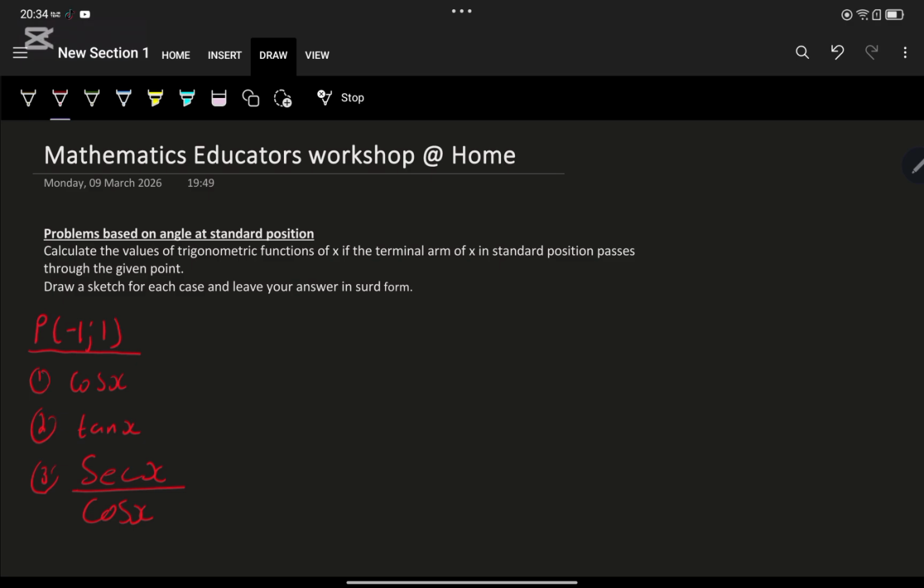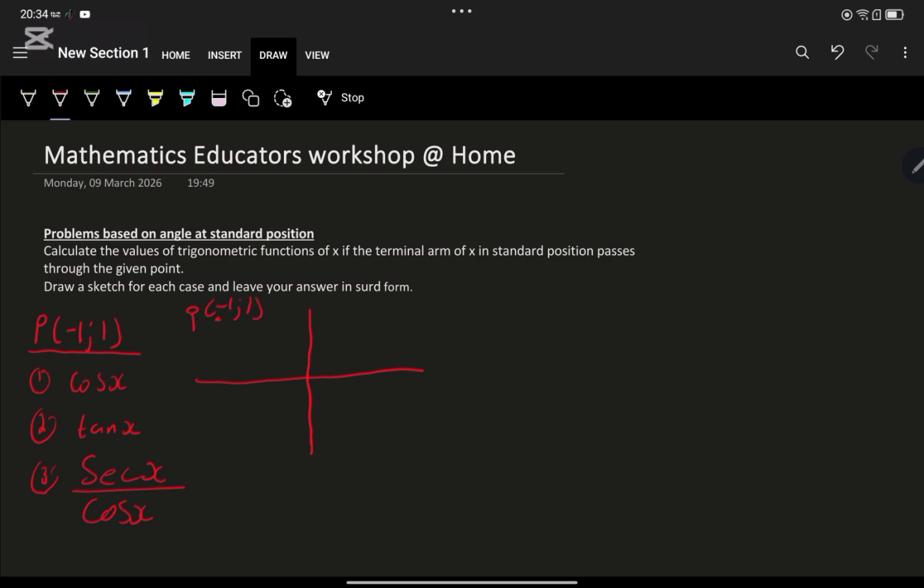What we are going to do in this case, we first plot the point on the Cartesian plane and draw the terminal arm through the point, as the instructions state. So you draw a small Cartesian plane like that, and then we plot the point. The point is (-1, 1).